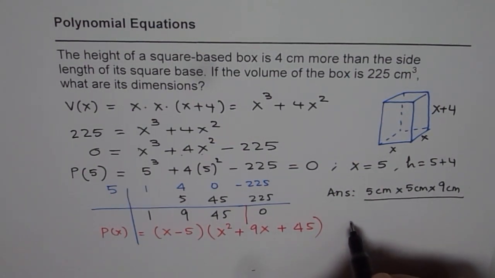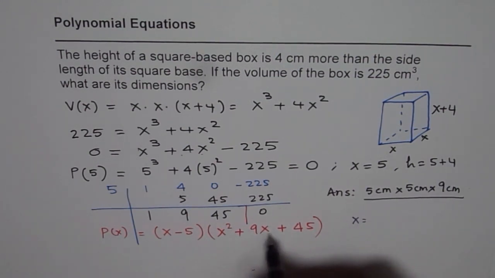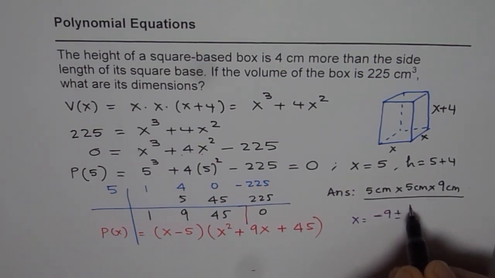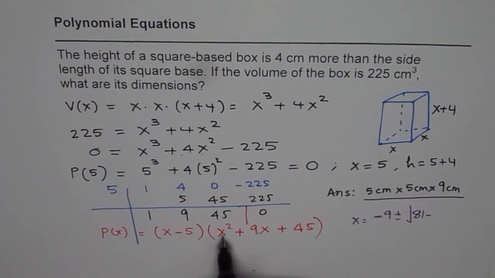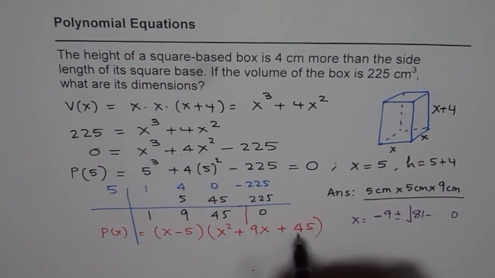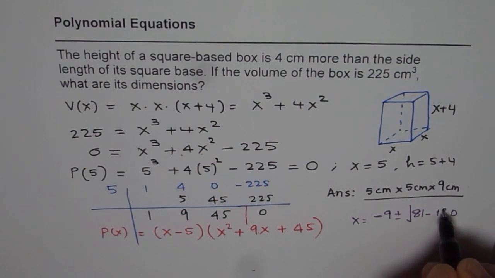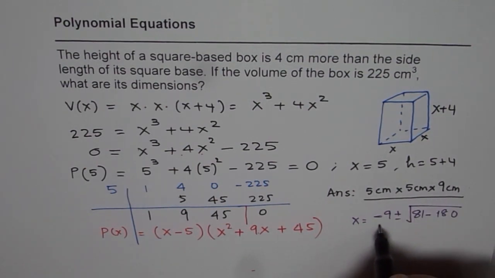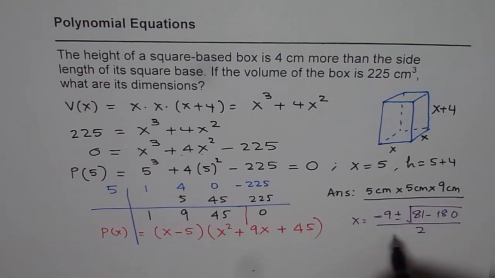Let's use the quadratic formula, x equals minus b, which is minus 9, plus or minus square root of b square, which is 9 square, 81, minus 4 times a c. 4 times 45 is 180. So we get a negative term here, divided by 2. So that means no more solutions.